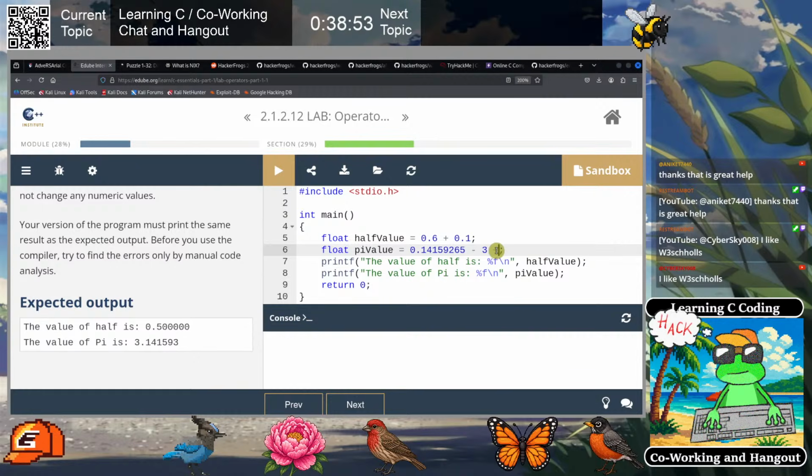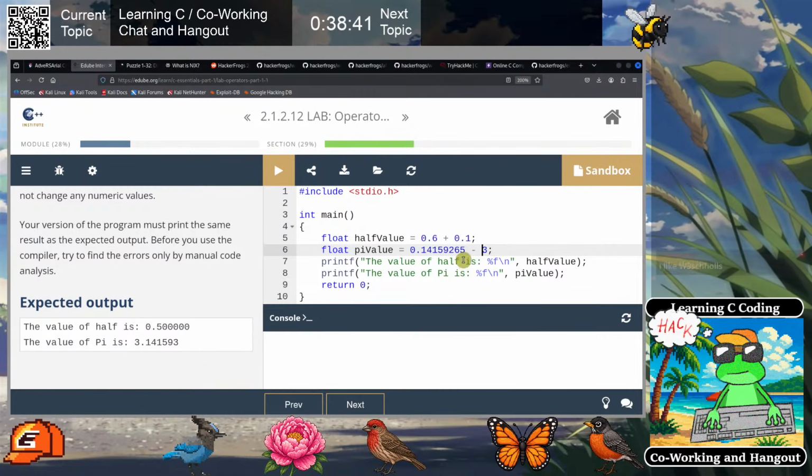We've got an extra plus in here. Let's get rid of that. Float pi value equals 0.141592565 minus 3. Minus 3. So this is supposed to be plus 3, isn't it?